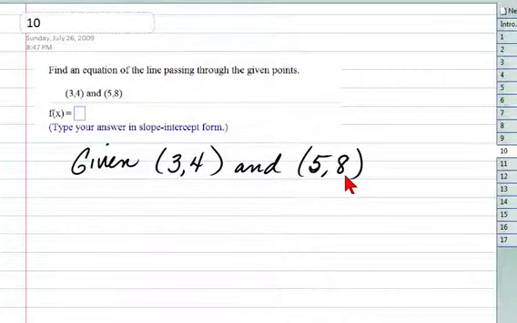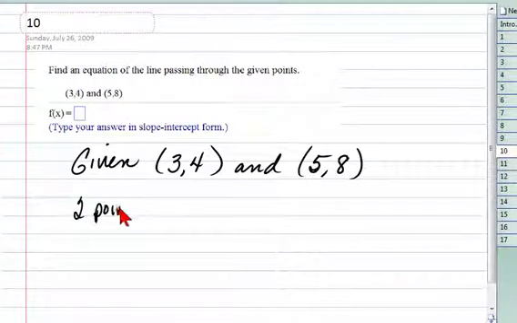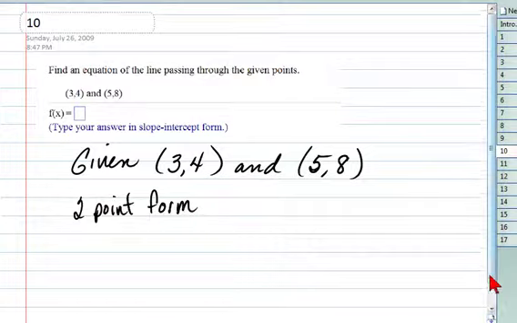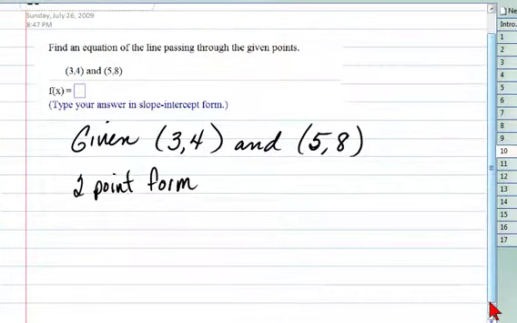Now, there is a possibility that you could be using a book or having an instructor that lets you or asks you to use something called the 2-point form. And believe me, you don't want to work with the 2-point form. It is nasty. I could show you. I will. 2-point form. We're not going to do this. In fact, I'm going to erase this after I write it.